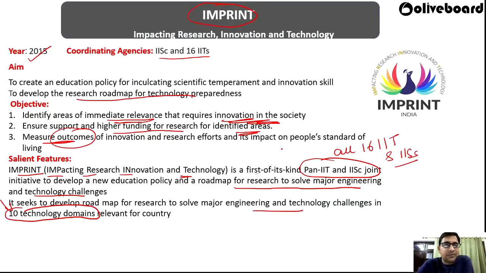The first IMPRINT scheme is a pan-IIT and IISc program, launched to provide a research roadmap for technology preparedness, providing innovation in society, and identifying areas where we can do research that impacts people's standard of living. It is a joint initiative of the IITs and IISc to find the roadmap for research to solve major engineering and technological challenges in 10 technology domains.